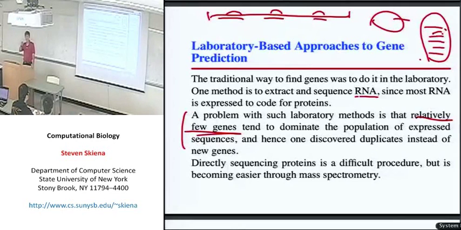Or they might only be expressed in a rare situation. You can imagine some gene that only goes on when the cell is exposed to, let's say, heat shock or something like that. You might not see this under normal conditions. Any questions? So that's a problem with sampling all the RNA.